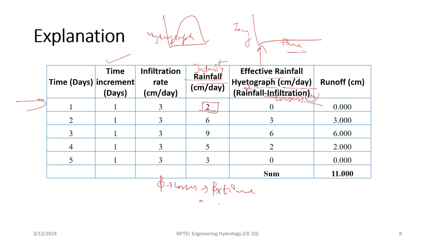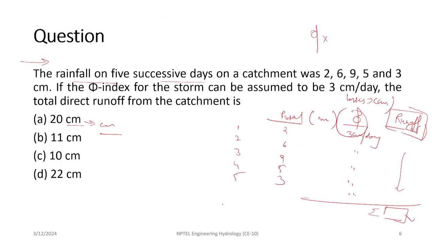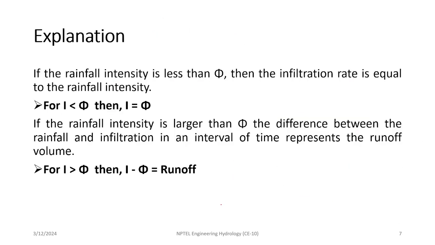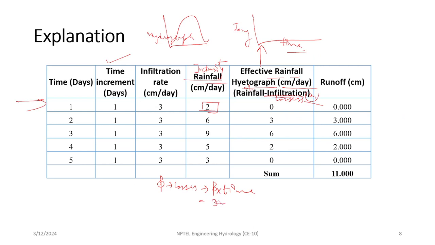So what was the phi value? It was given as 3 centimeter per day. Multiplying it by 1 day, it will be definitely 3 centimeter only. Now tell me whether any runoff will be generated if we are facing less rainfall as compared to losses. No, because phi is more than the rainfall.